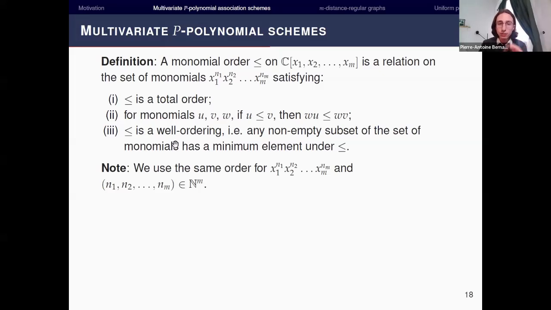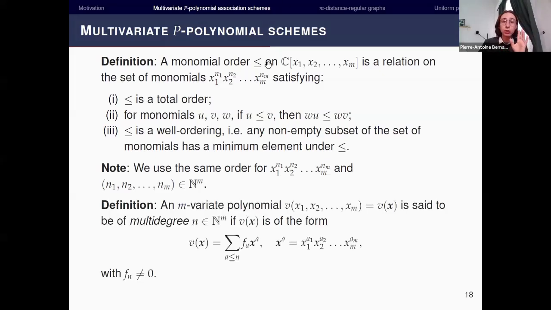And it's also a well-ordering, so if you take a subset of monomials, there will always be a smallest element in this subset with respect to this order. And just because there is a simple association between monomials and tuples of integers, in the rest of the talk we use the same order for the monomials and the tuples of integers because they are in one-to-one correspondence. It's a bit of an abuse of notation, but this is implicit in the rest of the talk.